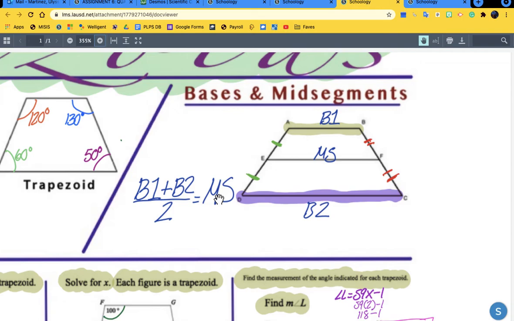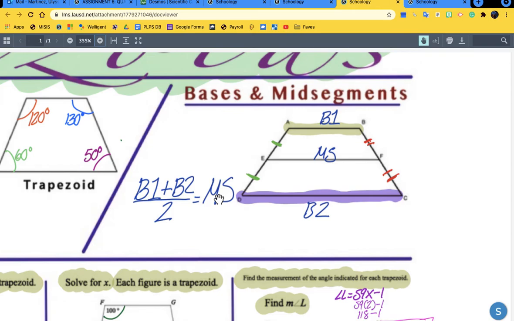Base 1, well, I don't know what base 1 is. Base 1 is DC, so DC plus base 2 is ED, which is 25, divided by 2 is equal to the mid-segment GH, which is 19.